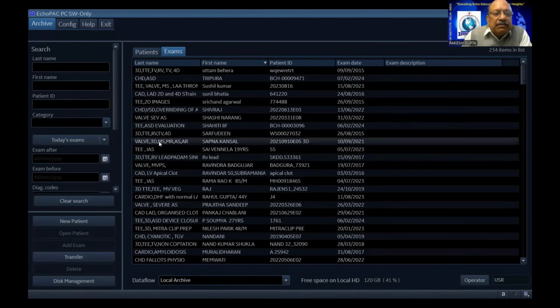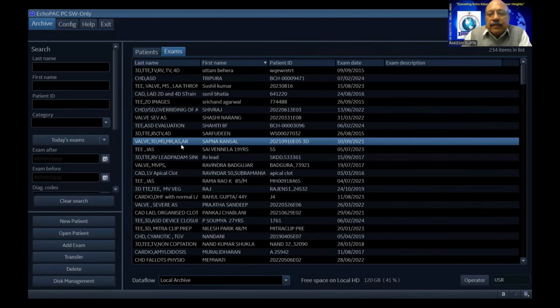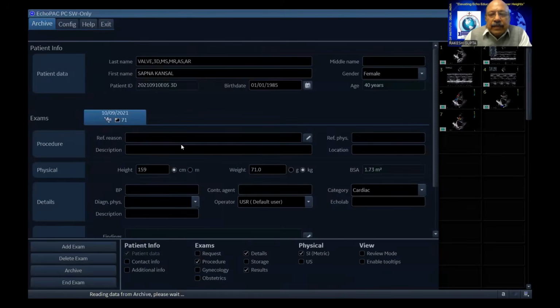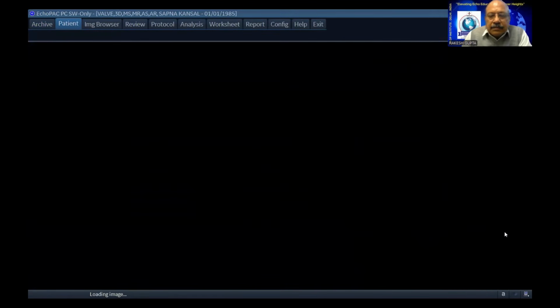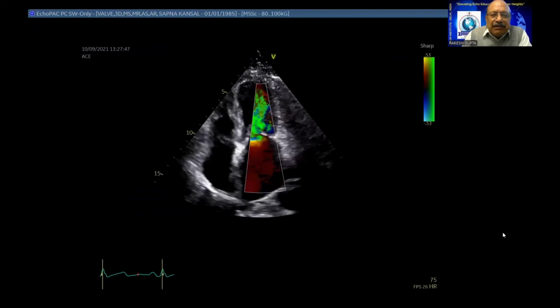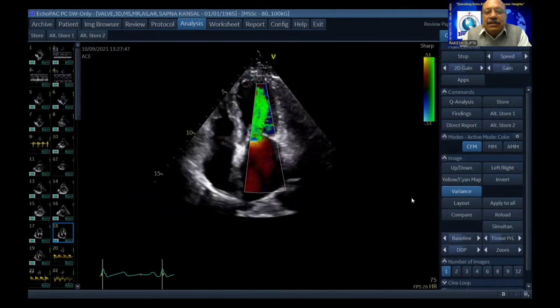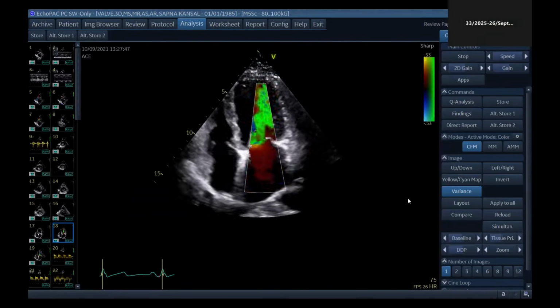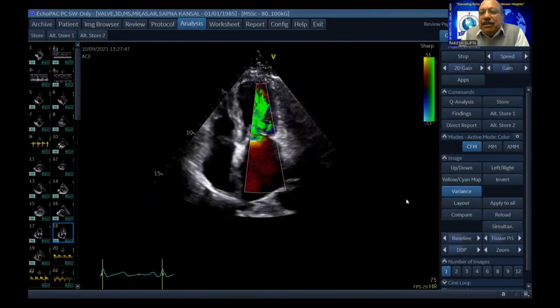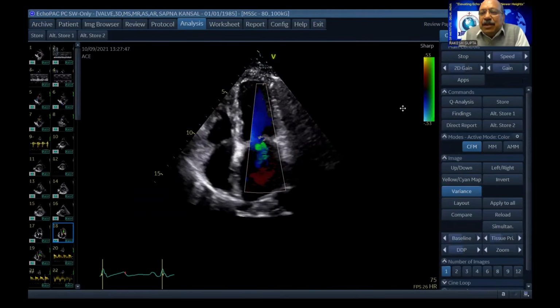Let me look at some severity of MR. Write down these questions and ask me when we are doing the live demonstrations. Let me try if I can increase or reduce my Nyquist limit.